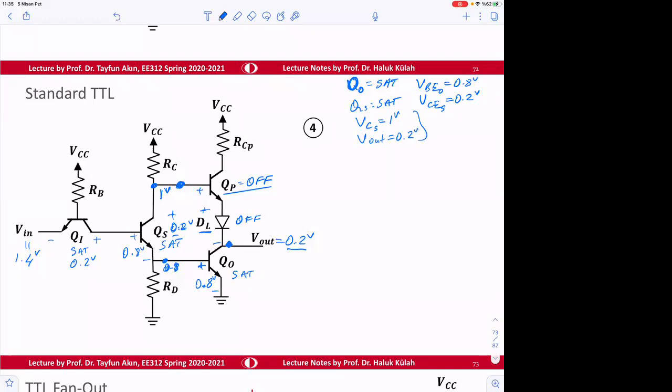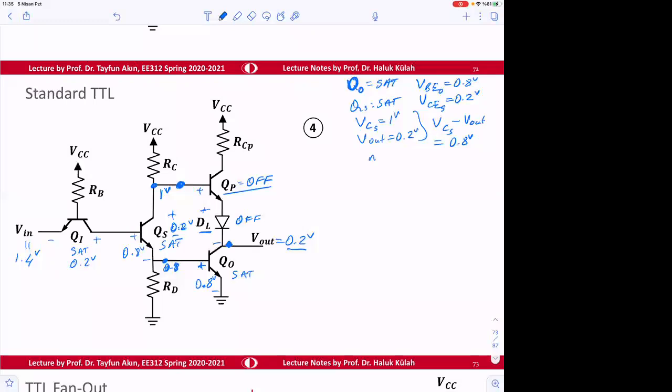So the voltage between collector splitter minus V out is equal to 0.8 volt.